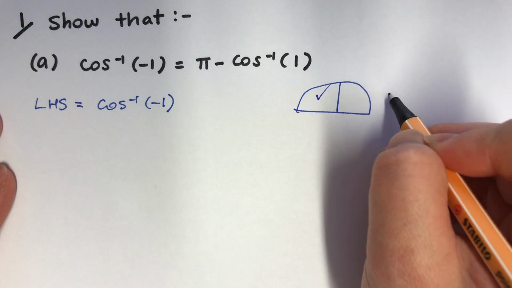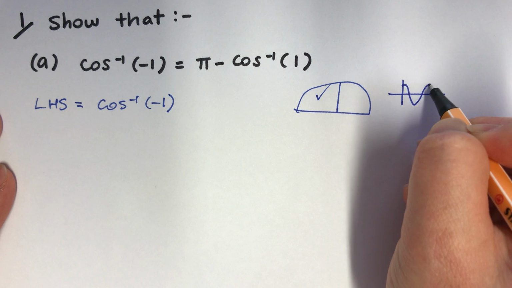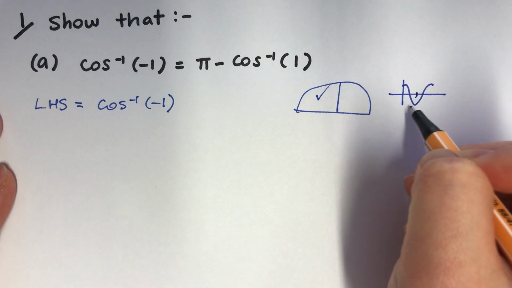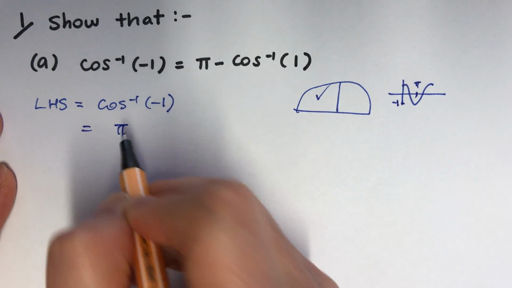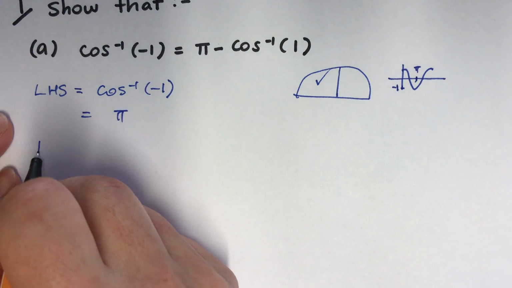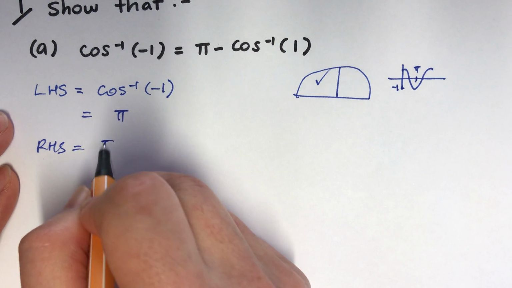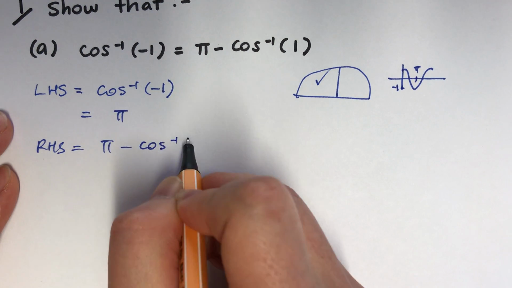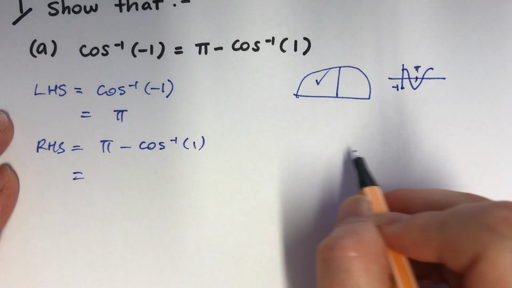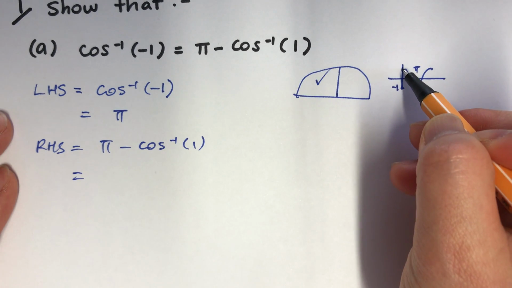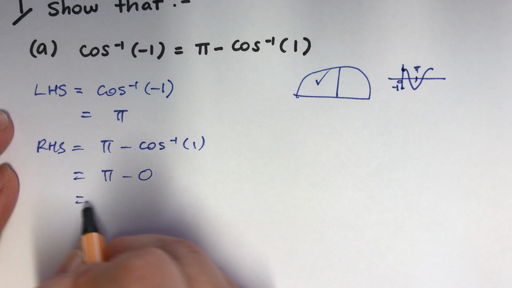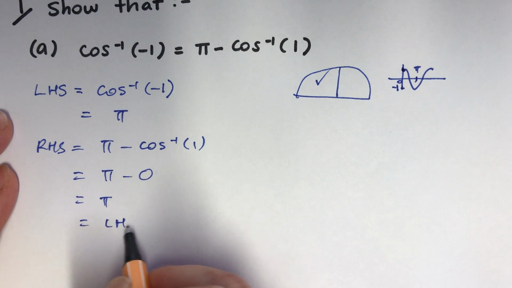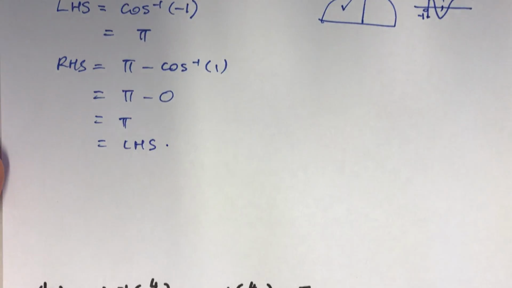Negative 1 will be pi. So that's my pi. And then the right hand side will be pi minus inverse cos 1. Okay, what is inverse cos 1? It'd be 0, isn't it? 0. So pi minus 0 is pi, which is left hand side. Okay, as required.